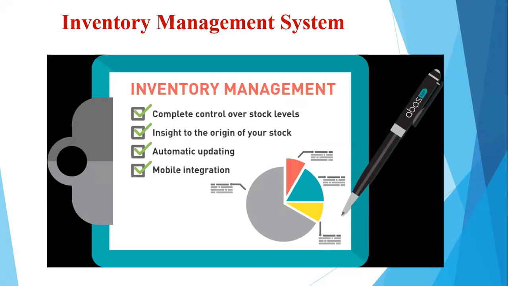In case of a manufacturing concern, it would be with respect to receipt of the stock, issue of the stock to the production department, receipt of the finished goods inventory, and delivering the finished goods against the sales orders being placed.